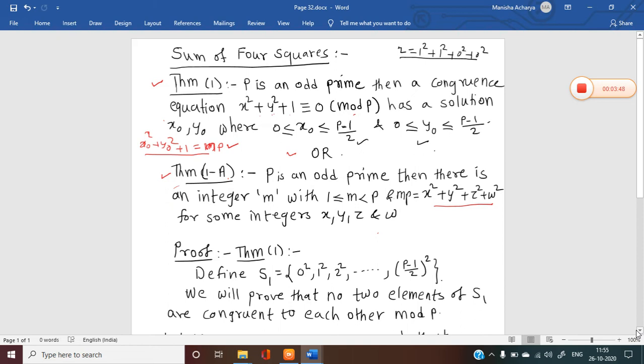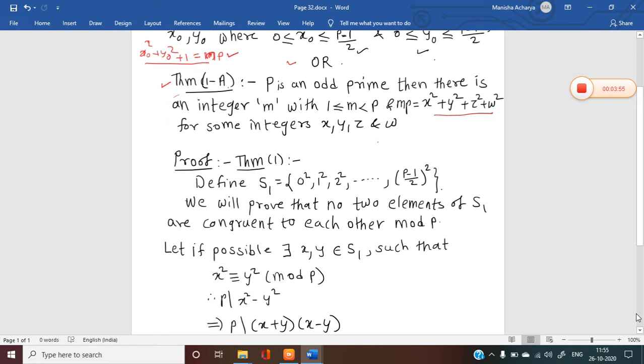Therefore, I have written both the theorems over here, so that you can write down the proof of the theorem 1a by writing the proof of the theorem 1.